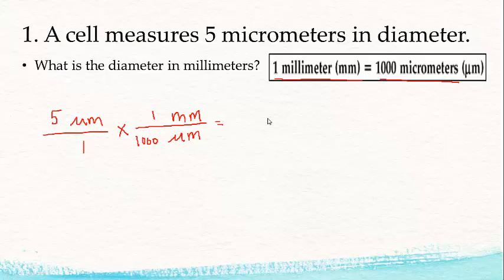We're just going to do 5 divided by 1,000. So it's 0.005 millimeters. Then we can ask ourselves if this makes sense. A micrometer is smaller than a millimeter. So if I have 5 micrometers, I'm going to have fewer millimeters because millimeter is bigger than micrometer.